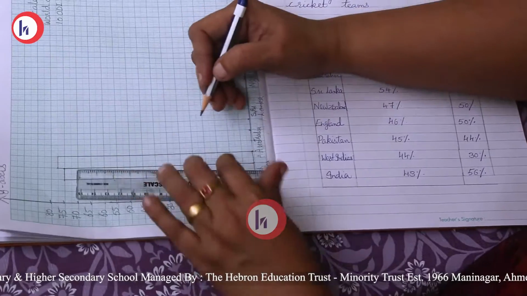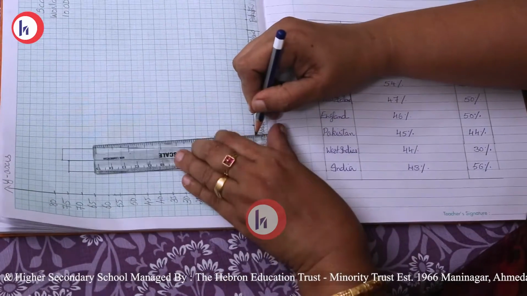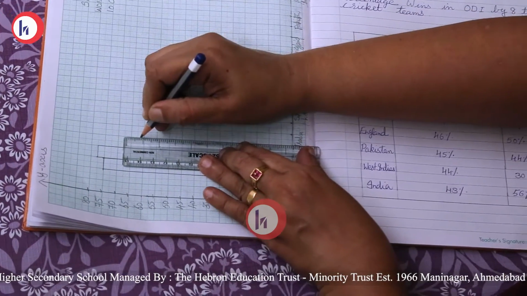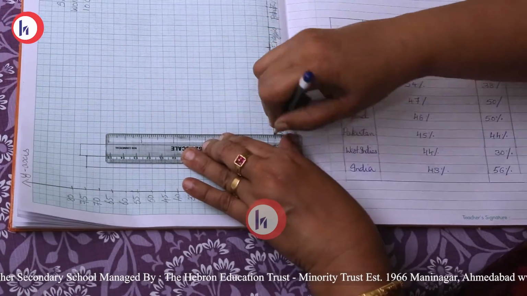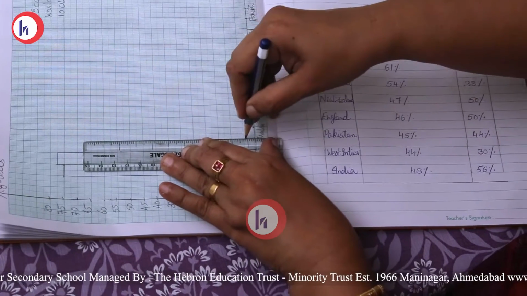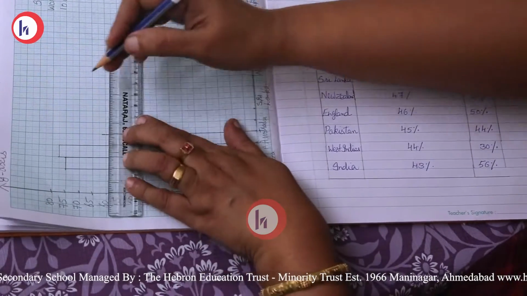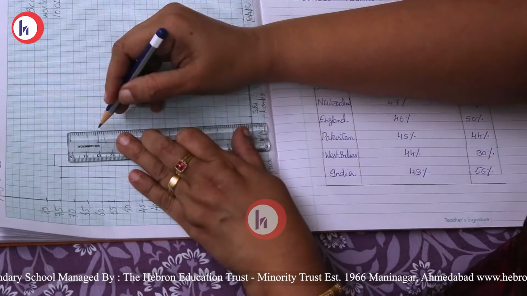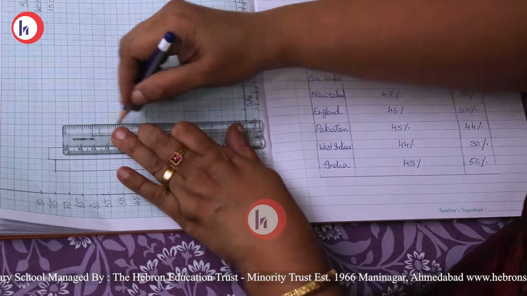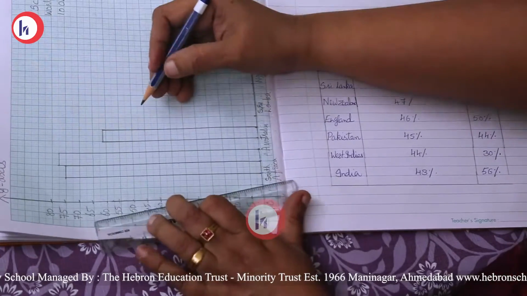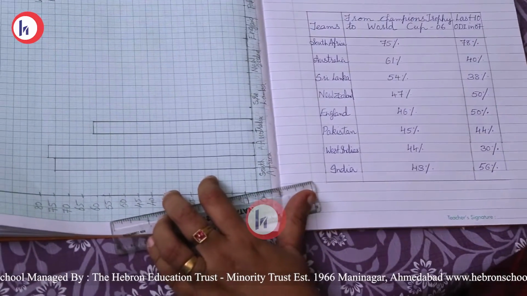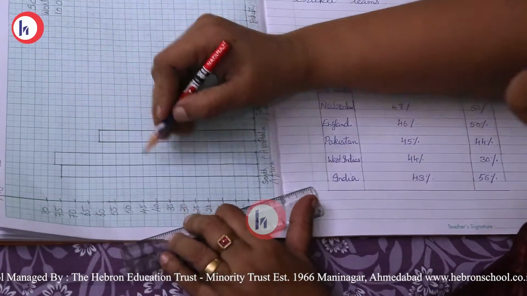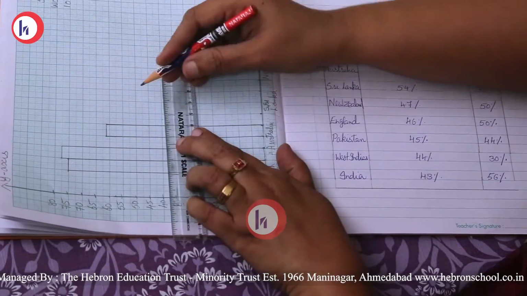Now Australia is 61. Along with that 61 it is 40. 40 is here.